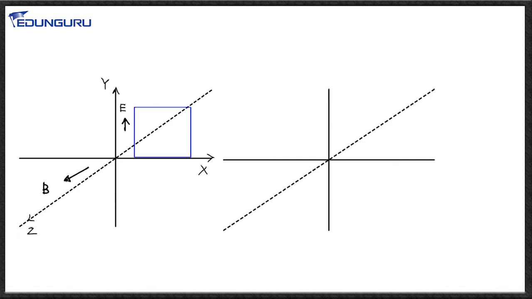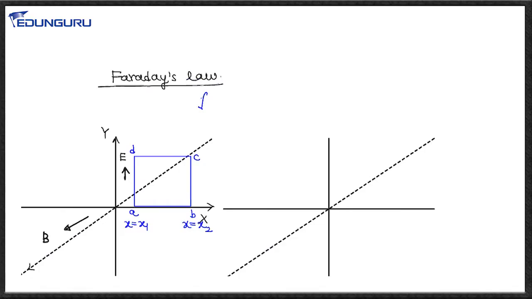This loop is A, B, C and D. The length AD is at x is equal to x1, and the length BC is at x is equal to x2. Now, in Faraday's law, what we have is the integral of E dot dl is equal to minus d phi B by dt. So let's calculate the line integral of E dot dl.